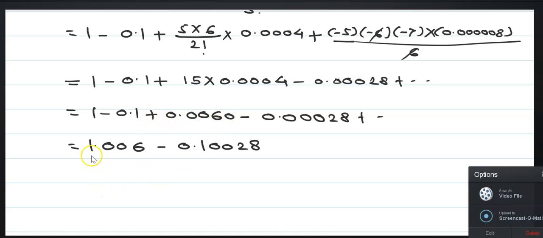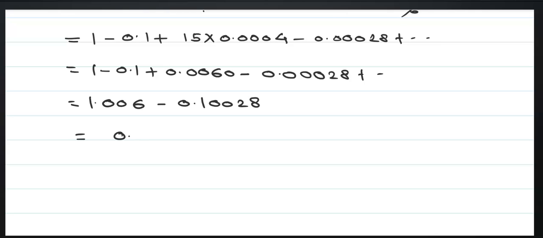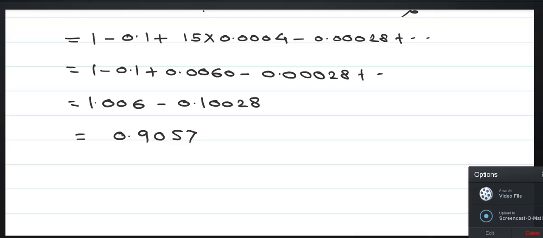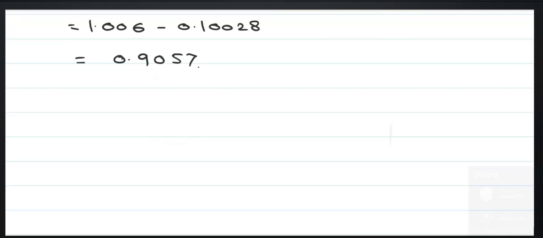If you add it, you will get 1.006, minus the addition of these two negative terms, you will get 0.10028. Now their subtraction, this is the final answer, that is 0.9057. Now we'll see the next problem.